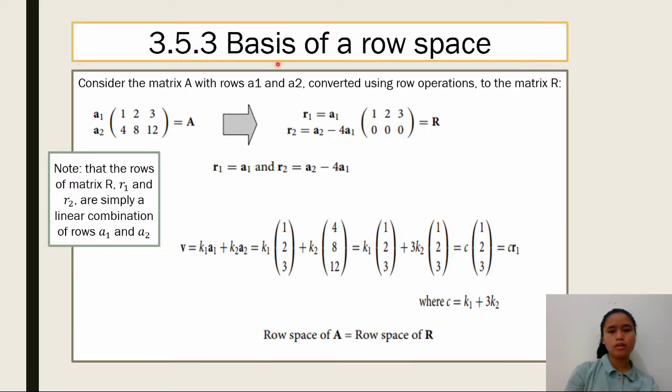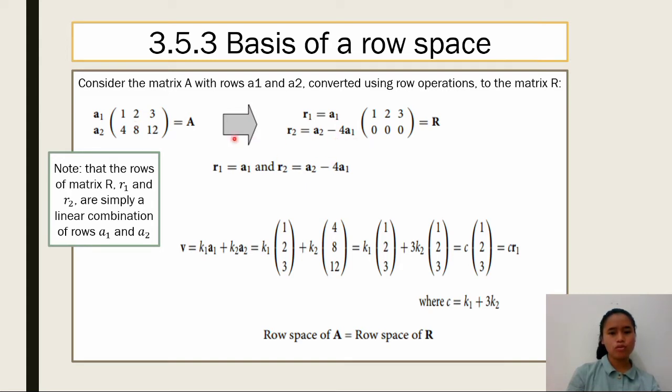3.5.3 basis of a row space. So we have the matrix A with rows A1, A2. R1 equals A1. And R2 is A2 minus 4 times A1.